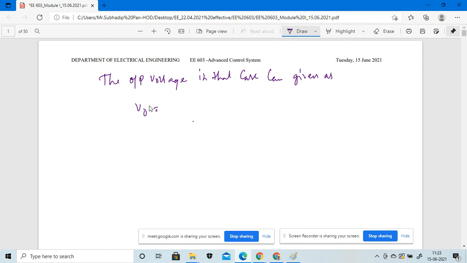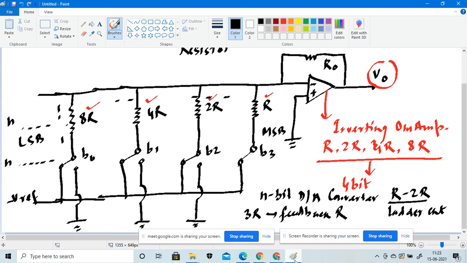V0 is actually the half of what will be my circuit? My circuit has n number of bits, so we will consider b to the power n minus 1, b to the power n minus 2. We will also consider these particular bits, because we are considering n number of bits.